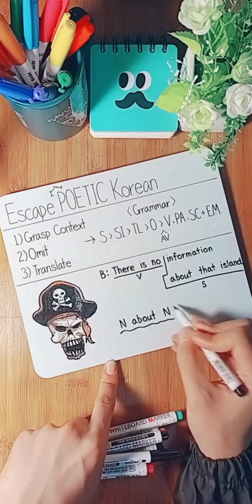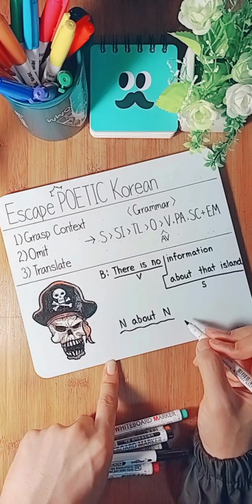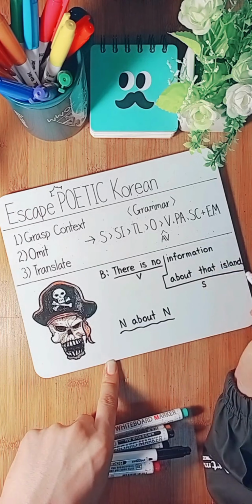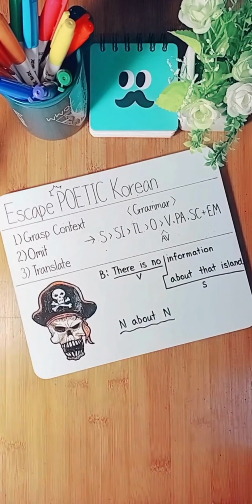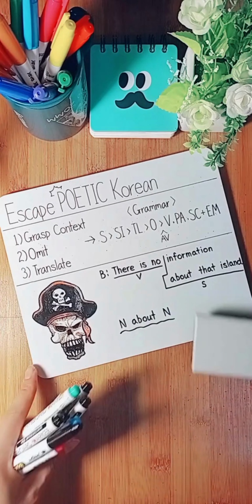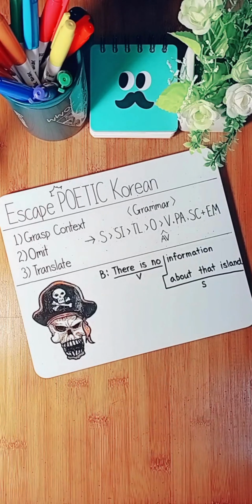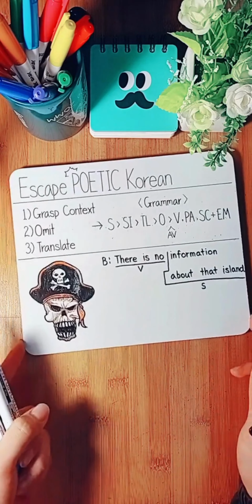In other words, if one is the subject, they are all the subject. So information about that island, information, island, both nouns. Okay, so that's why I'm going to look at it as a bulky subject. Okay, so, well, if that's the case, let's take a look into the next step.